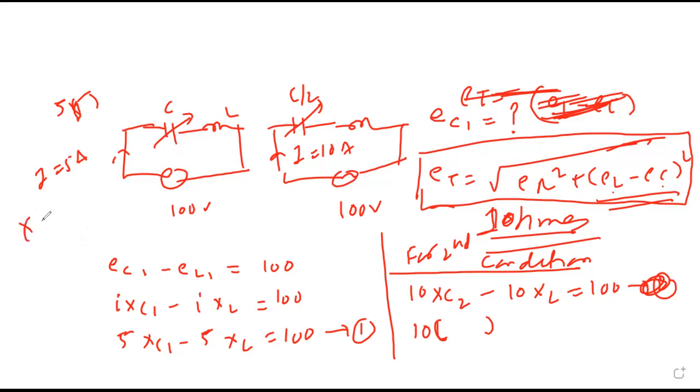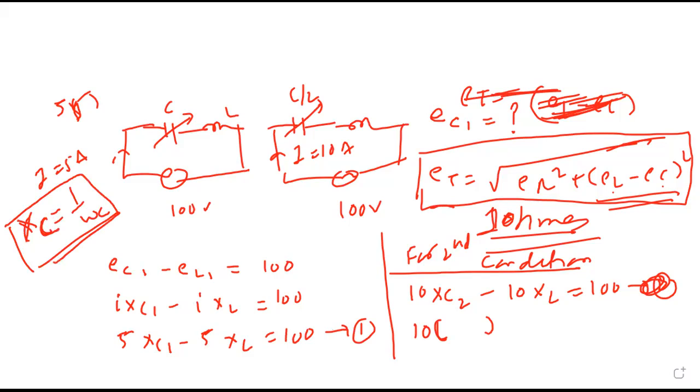Not remembering, write 10 times this also. Sir, half. Write 10 times, write down. XC is 1 upon omega C. Write 10 times. Please write, everybody, 10 times. Your studies are not going on properly, physics studies are not going on properly.